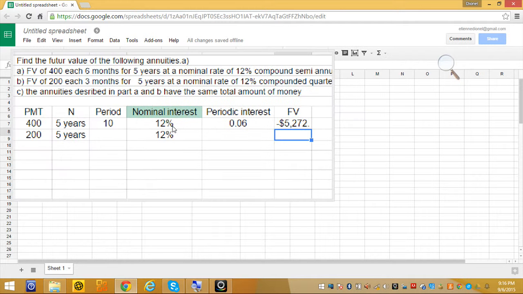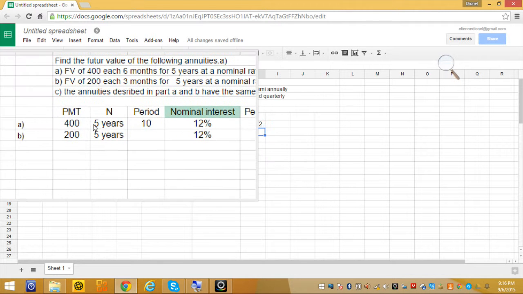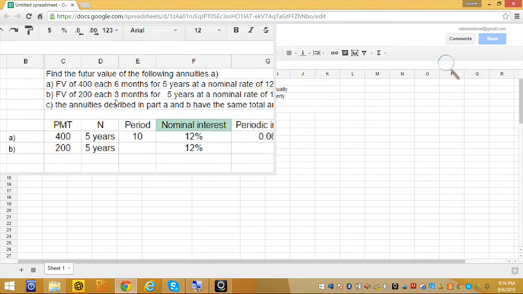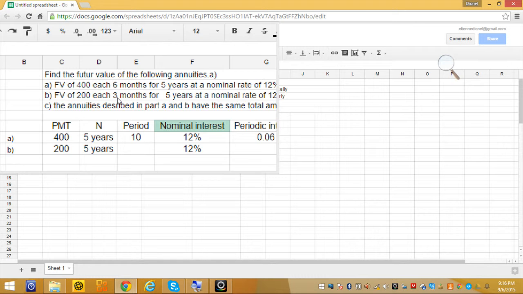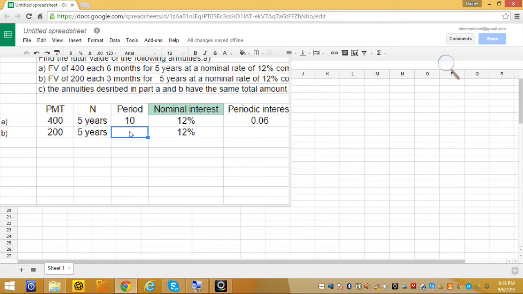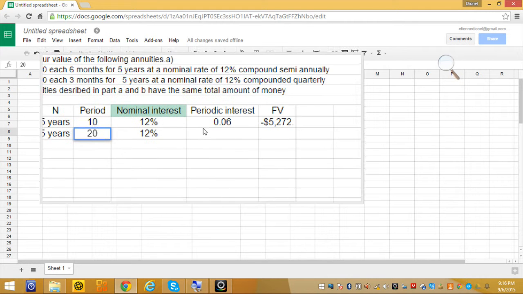Okay, so now what about the second one? It's going to be the same thing, but every 3 months. So our period is not going to be 10, since you have 4 periods in 1 year. So 5 times 4 is going to be 20 periods.